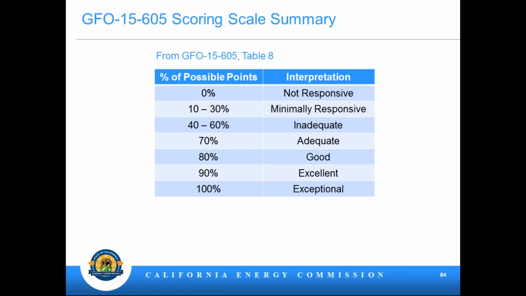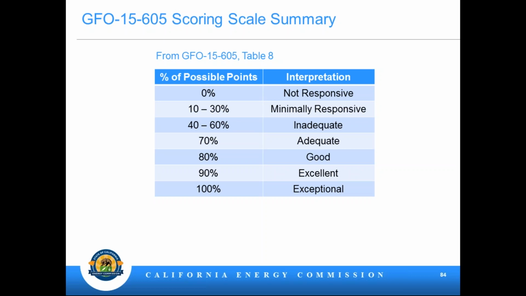And then I'm just going to quickly review the scoring scale. So related to that 70%, it shows how the evaluation team reviewed these evaluation criteria and assigned a score that would lead to the possible points that the applicant received. So it ranges from 0 to 100, or 100 to 0, depending on how you like to think of it.